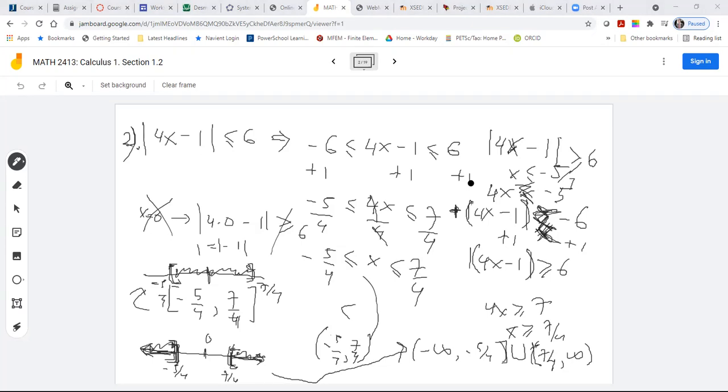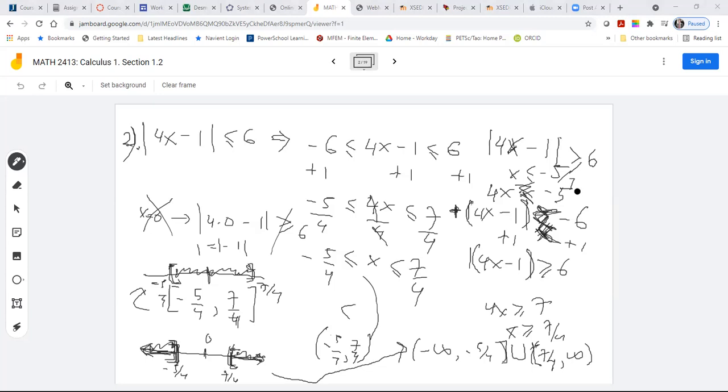If this is less than or equal, or less than, you can put it like this. But for the greater than, you can see on the right side here, you can split it like you said, into two inequalities, right? So one is less than -6, and the other one is greater than 6. Can you see it on the right side there?